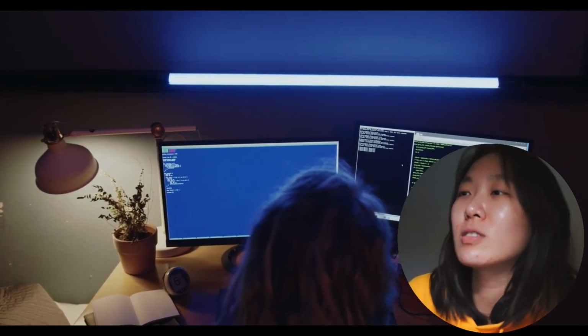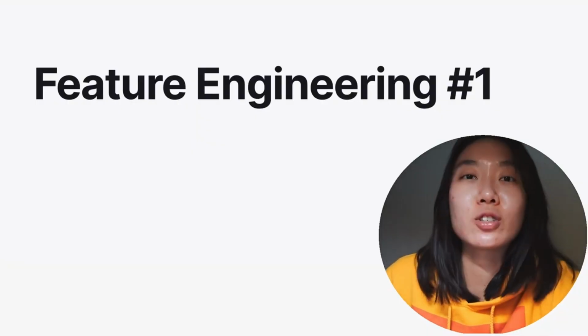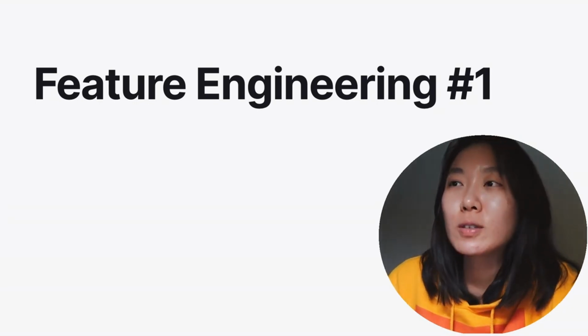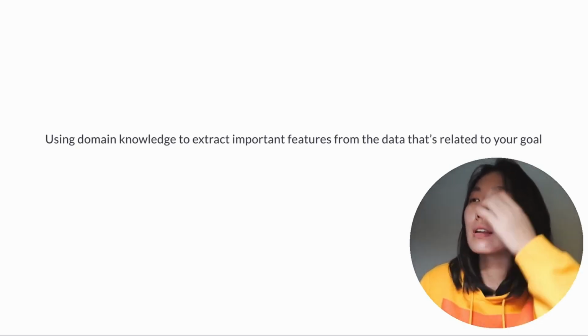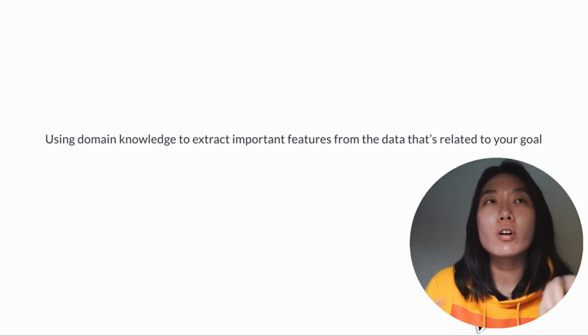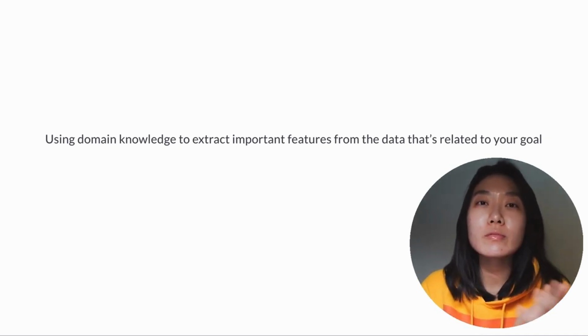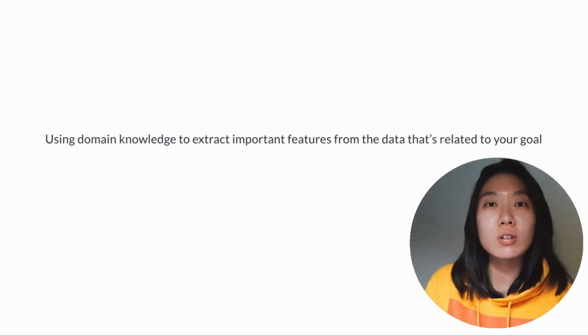So let's get to the topic. Today we are going to talk about feature engineering. What is feature engineering? Using domain knowledge to extract important features from the data that's related to your goal. Firstly, you have a data set, and what are you doing with it? What is your goal?